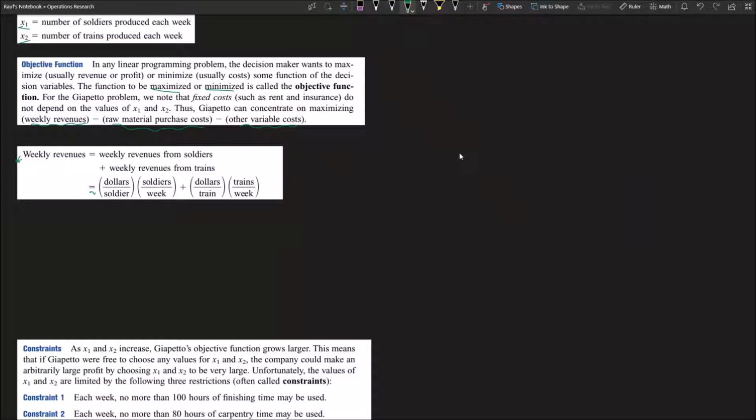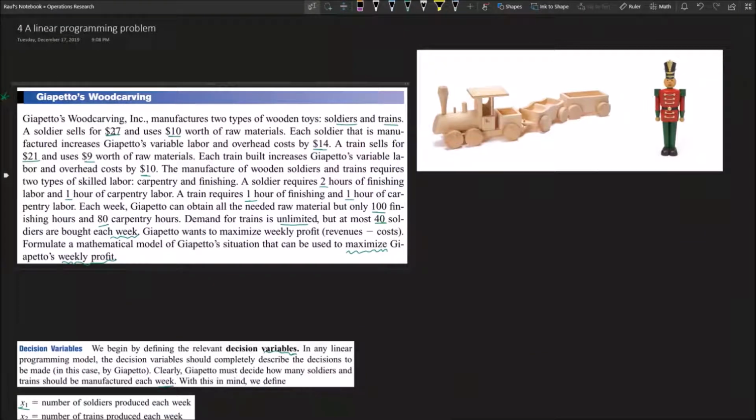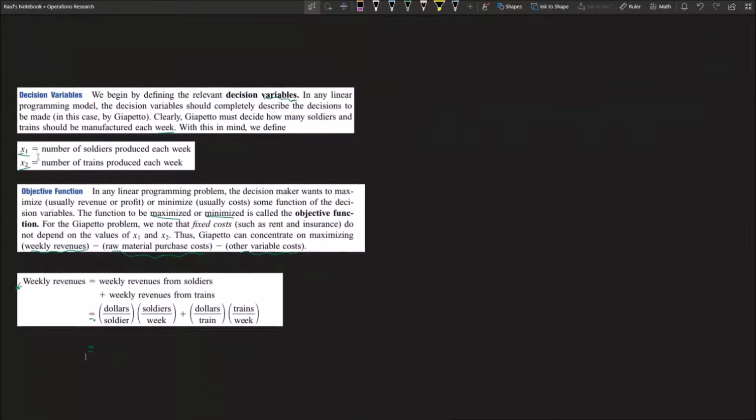Having the assumption that x1 is related to soldiers produced each week, x2 trains produced each week, and back to the fixed costs and variables, constants mentioned earlier in the problem, we can say that 27, that's the price of the soldier, multiplied by x1, number of soldiers being sold per week, plus 21, that's the price of a train, multiplied by x2, which is the number of trains sold per week.